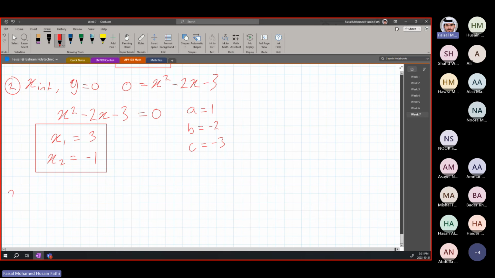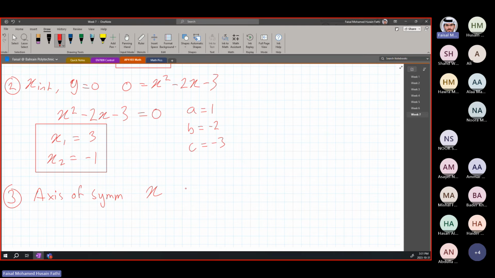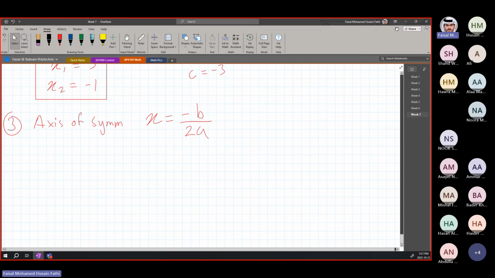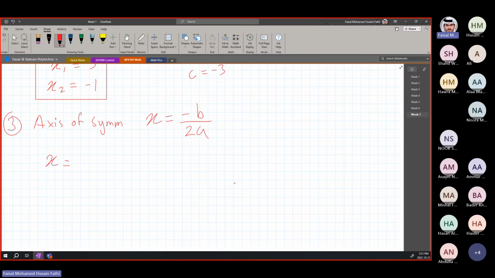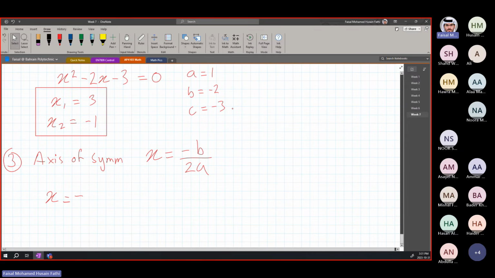Now we go to step 3. If you remember, we have to find the axis of symmetry. We have to use the equation x is equal to minus b over 2a. b is minus 2 already, so we put minus, then b itself, minus 2, over 2 times a, which is 1.